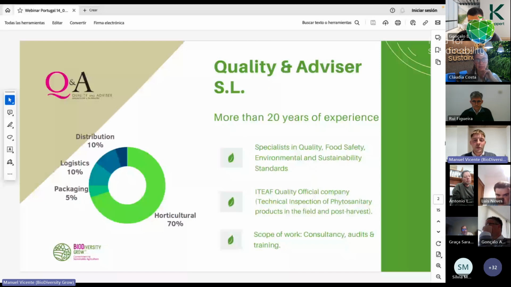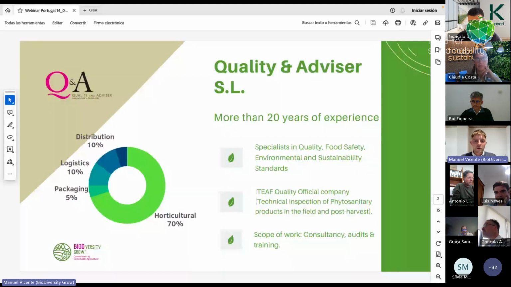All of them are related to quality, food safety and environment standards. The sectors we work in are distribution, logistics, packaging, but above all, the horticultural sector.